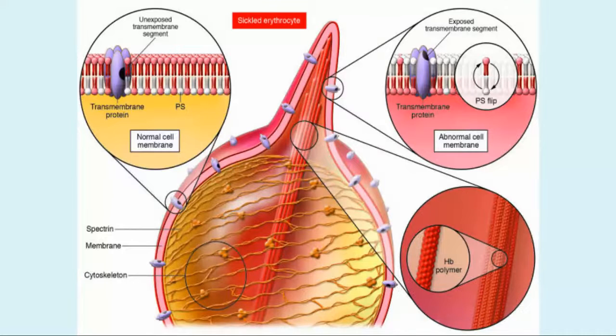To see how much this will be a problem, in a normal individual red cell, you will see that the epitopes or the antigens are hidden or embedded in the red cell membrane. If you form hemoglobin polymers that are needle-like or elongated globin crystals, they are going to push the red cell membrane to both sides, and this will cause flipping of the phospholipid, and the molecules will be apparent on the cell surface.